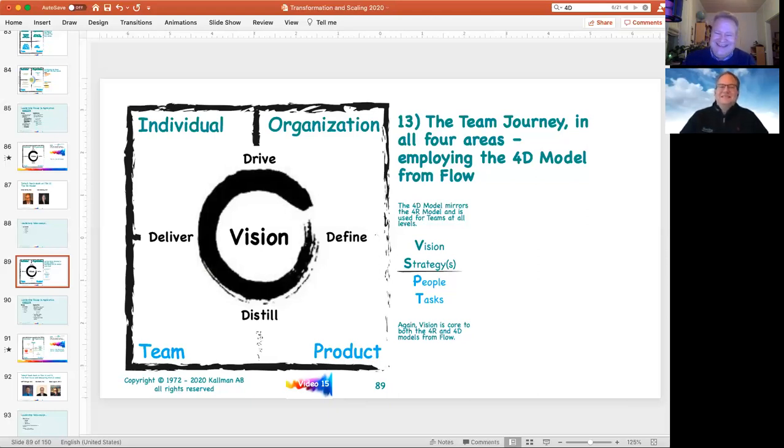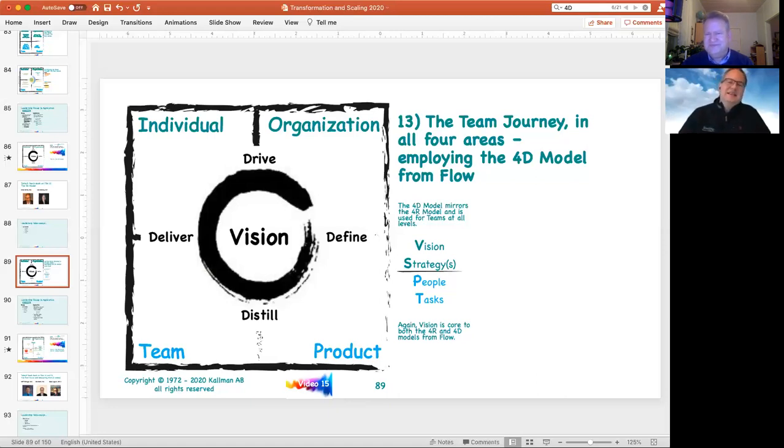Yes. And what's really fascinating is when you look at the 4D model, it really started out as three parts. Where you see define, that's where we said business. We have to understand what the business is trying to do.